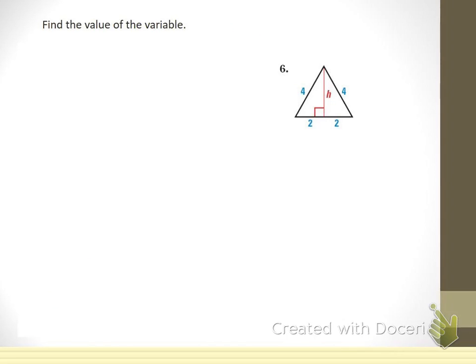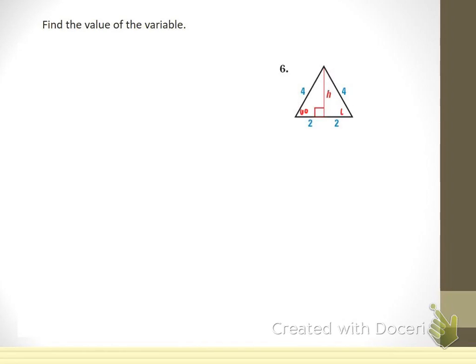Your next example looks like this, and something that you need to be able to figure out here is that because these two pieces are 2 and 2, that means this whole side is 4. Which makes this guy right here an equilateral triangle, right? All the sides are the same. Well, in an equilateral triangle, all the angles are 60 degrees.